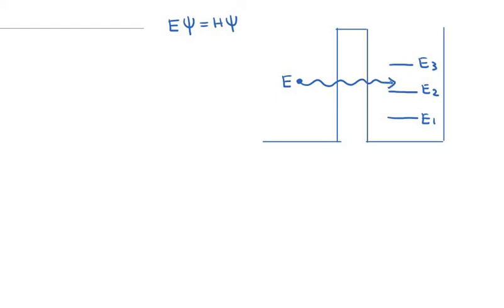I am trying to inject an electron at an energy E, and if this energy does not coincide with one of the energies of the system, then what is the response of the system? Will the electron stay? Will the electron leak out? Or how long would it stay inside the system, and so on.